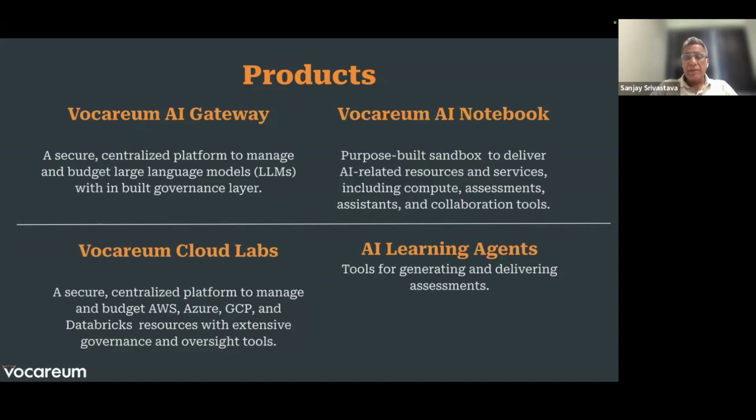Vocareum AI Notebook is our purpose-built environment for learners to get access to all the relevant AI resources, regardless of whether they are learning prompt engineering or computing. Vocareum Cloud Labs is our largest category of products, where we deliver sandbox environments for AWS, Azure, GCP, and Databricks resources. We are not going to be discussing that, but you can always ask for more information.